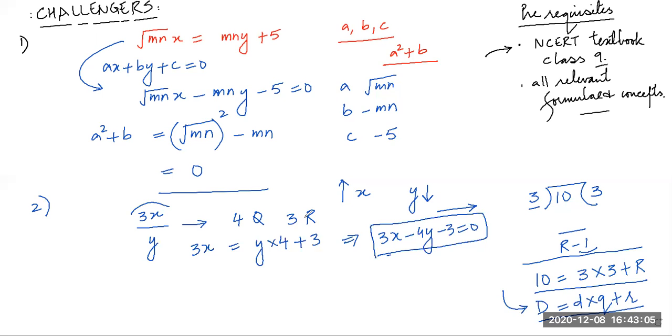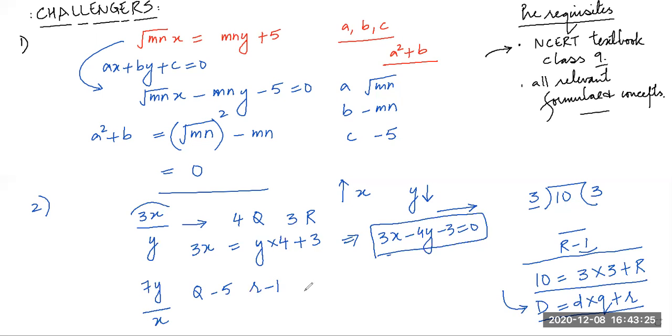Second, it says 7 times the smaller number, that is 7y. 7y is being divided by the larger number, and the quotient is 5 and the remainder is 1.